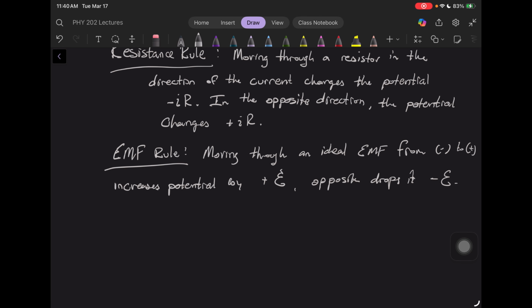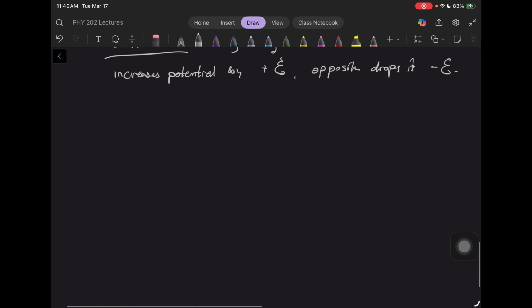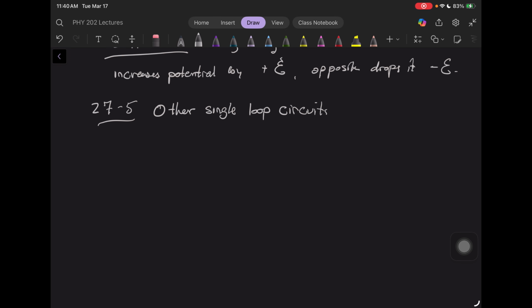Okay. And so let's talk about internal resistance briefly. This is just other single loops. And so we'll start with internal resistance.